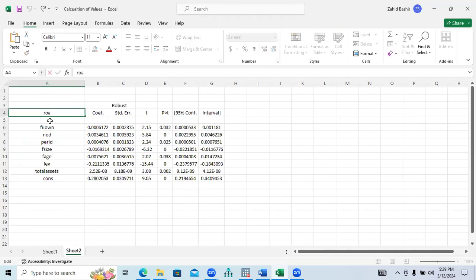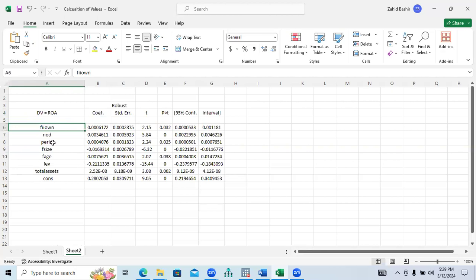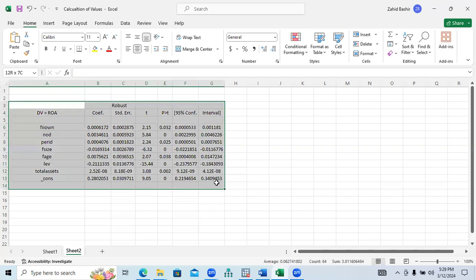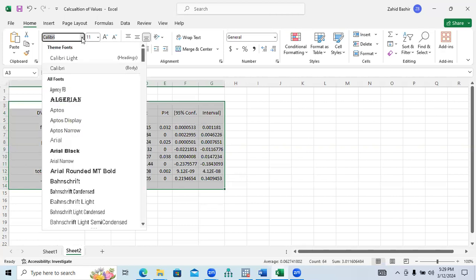You need to point here, DB is equal to ROA. You need to make them also in capital shape, and you need to make all of them using Times New Roman.